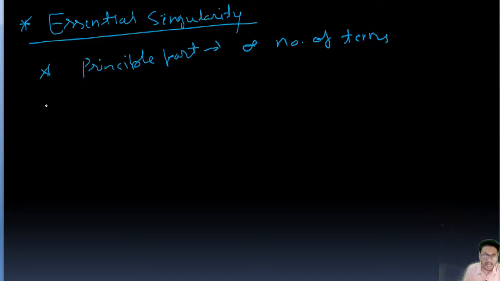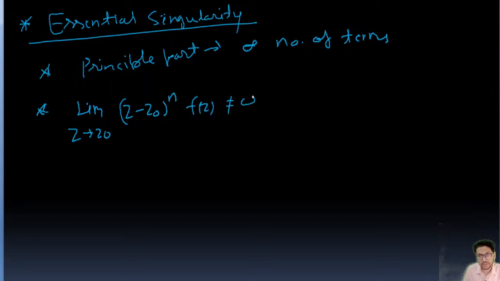And now limit z tends to z naught of (z minus z naught) to the power n times f(z) shouldn't be equal to 0.